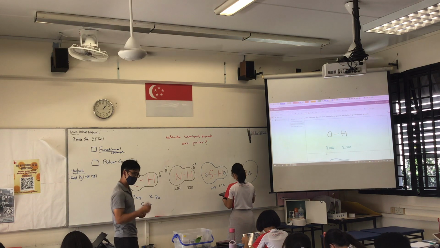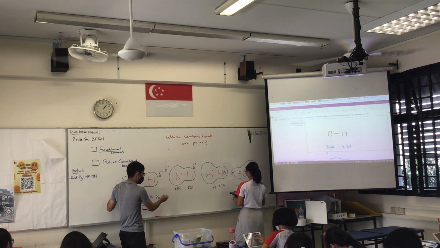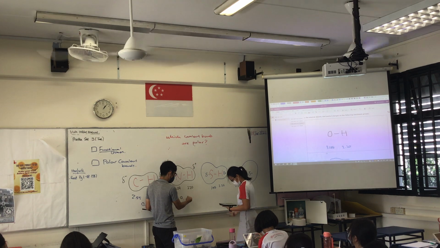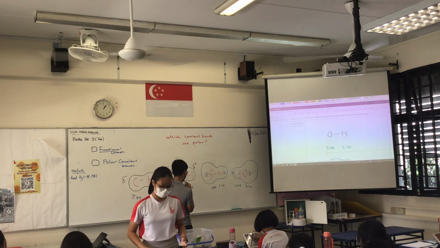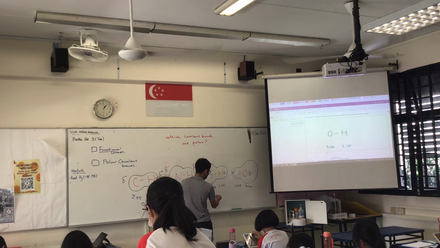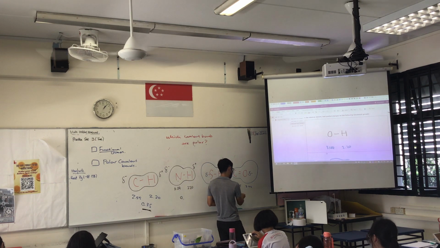Could I get your help to just do a quick calculation, the difference between each atom? What's 3.04 minus 2.20? 0.84? And then what's the difference between this one? 0.38, right? And this one is?